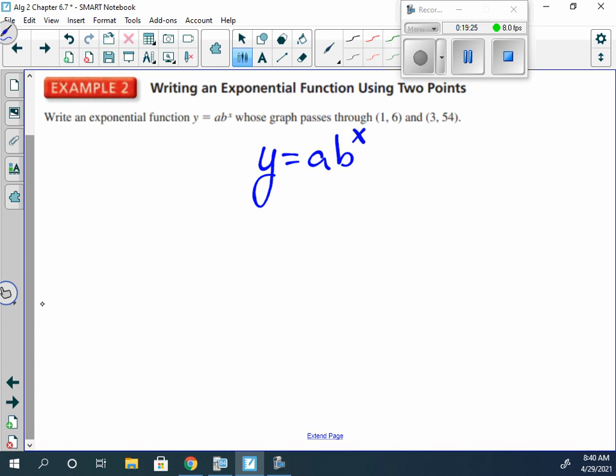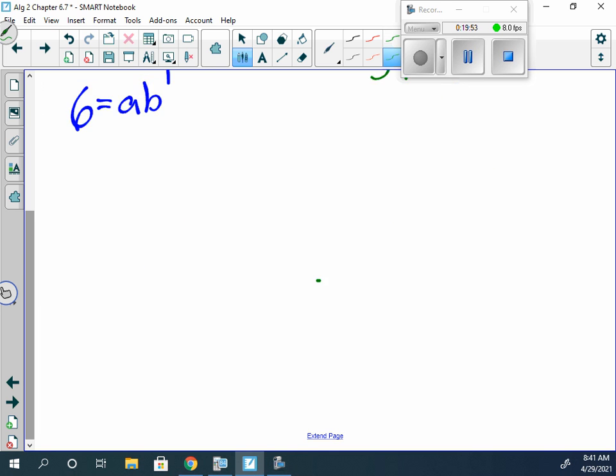I can plug that in here and get 6 is equal to a times b to the first, because x is 1. When x is 3, y is 54, so we'd have 54 is equal to a times b to the third. And we're going to use these 2 equations together to solve for the values of a and b.